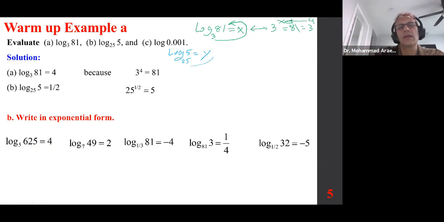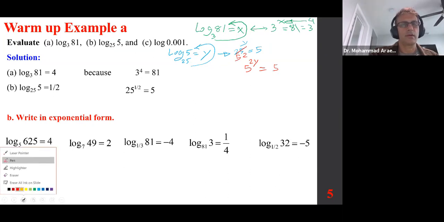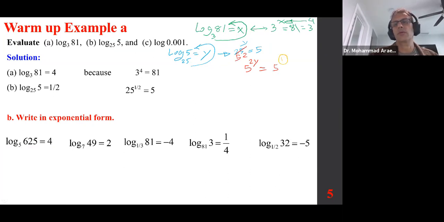And then by exponential definition, 25 to the power of y is equal to 5. We also know that 25 is 5 squared. So we have 5 squared to the power of y. That means 5 to the power of 2y is equal to 5. The exponent is missing here, so this must be 1. 2y equals 1, y equals 1/2.